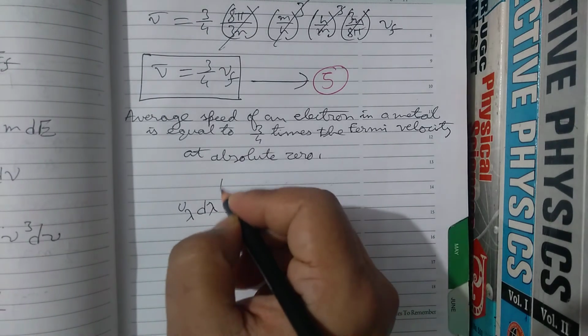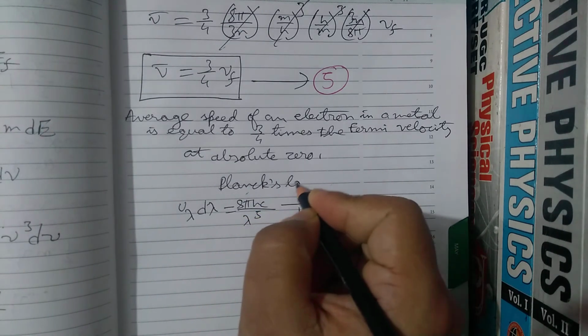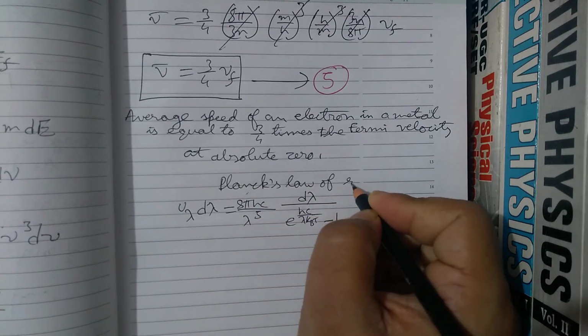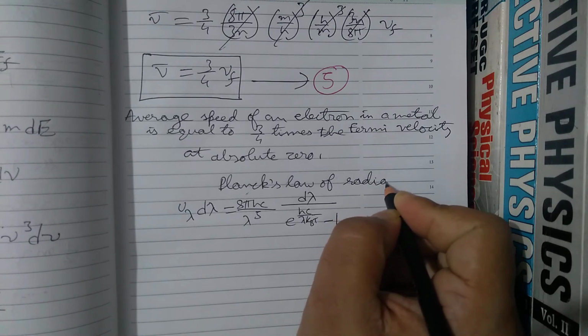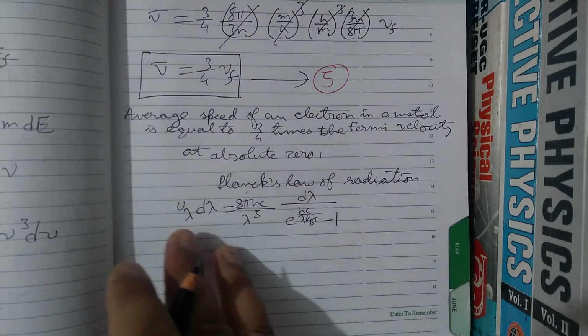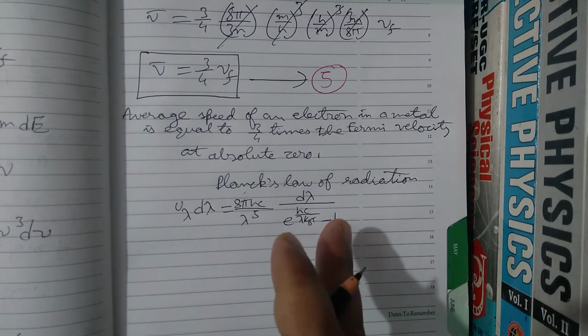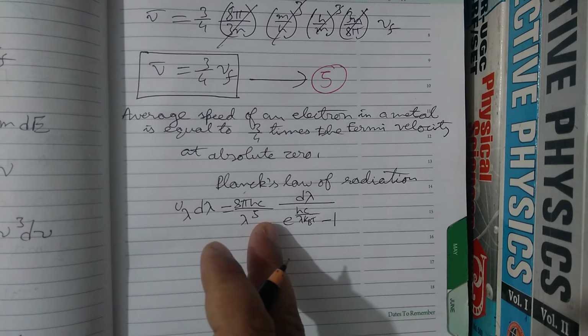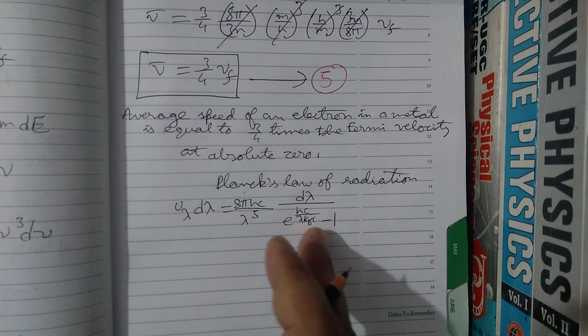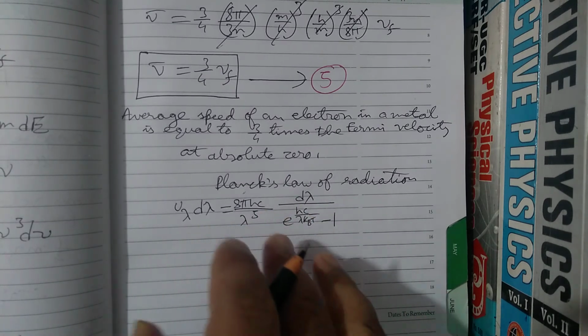This is Planck's law of radiation. You have already derived this in quantum mechanics. This is photon, a boson, so Planck's law is for photons. From Bose-Einstein statistics also this can be derived.